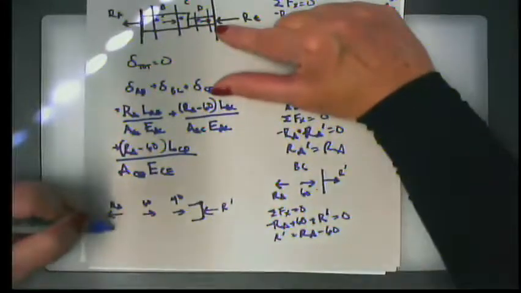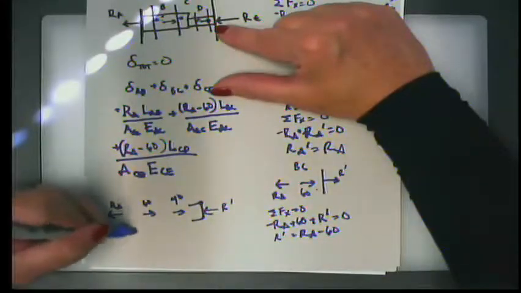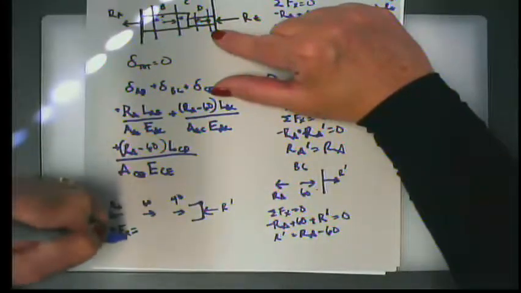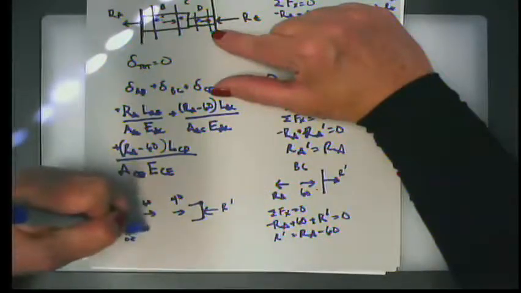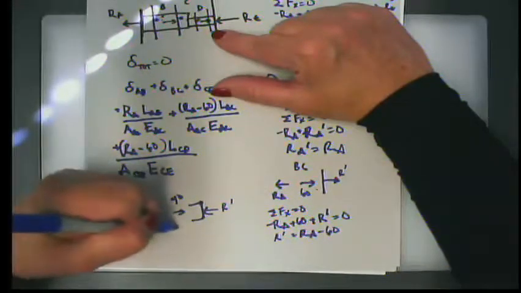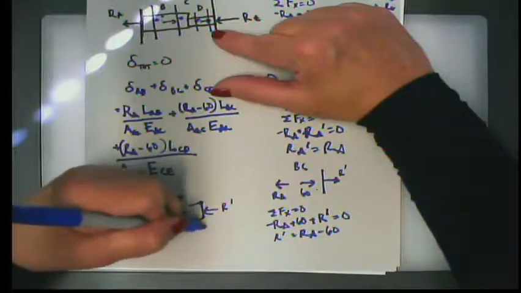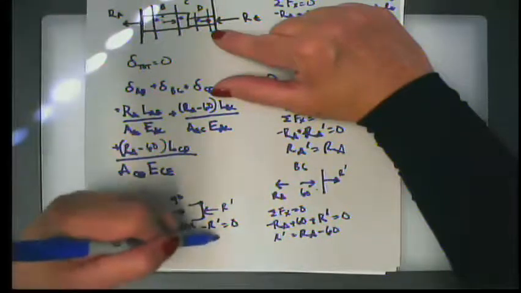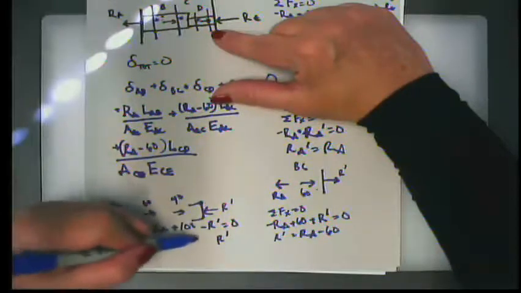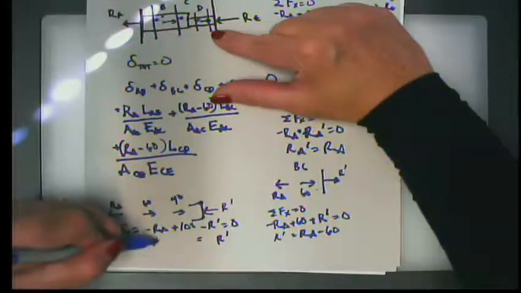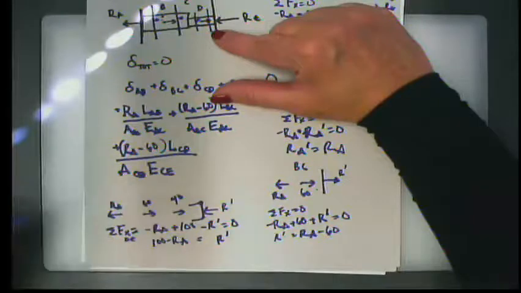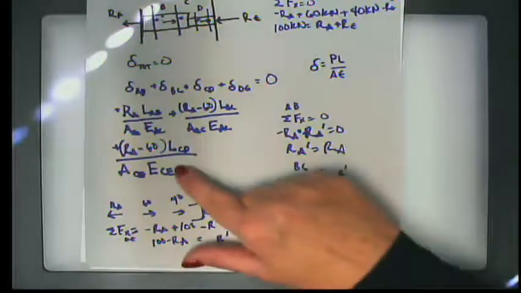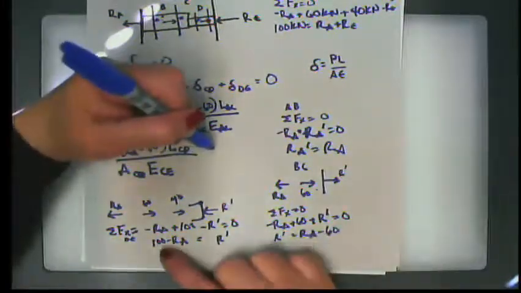Okay, so when I do the summation of forces in the x direction from D to E, I get negative R sub A plus 100 minus R prime equals 0, or R prime is equal to 100 minus R sub A.